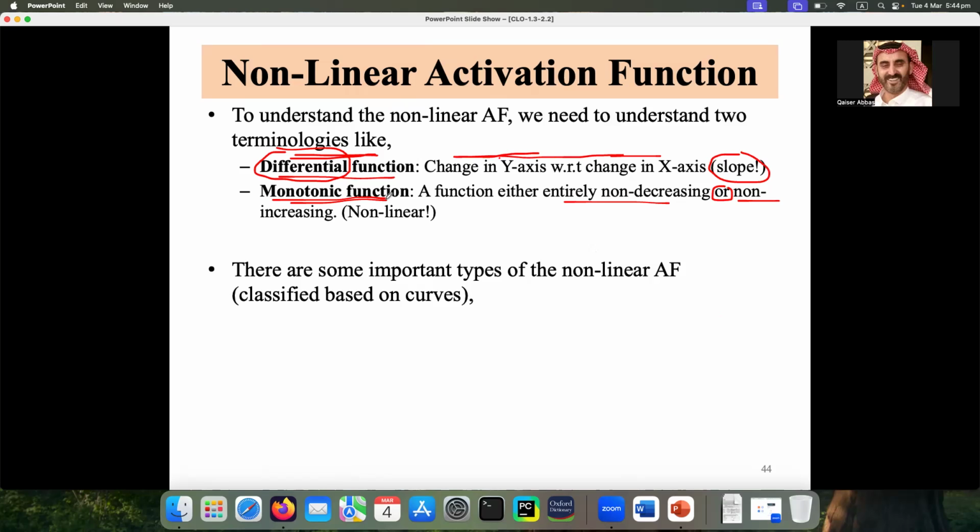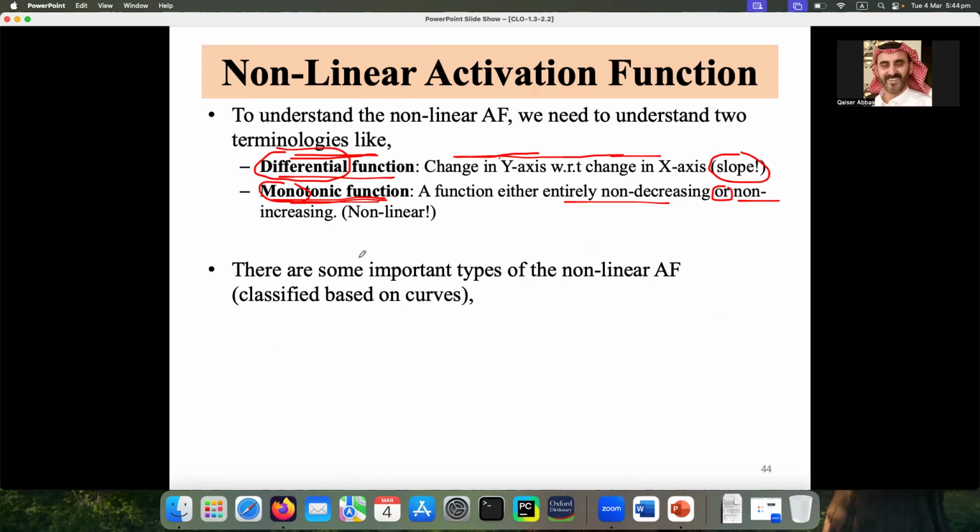So either decreasing or increasing. Because it is only in one direction, either increasing or decreasing, keeping only one direction, that's why the name is monotonic, from monotonicity. Monotonic normally means you have something unique in one direction.